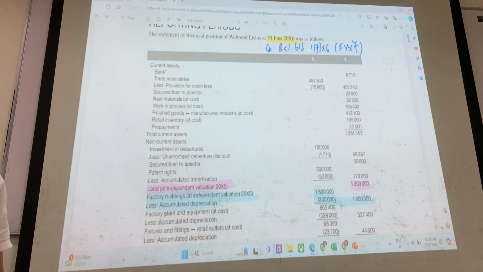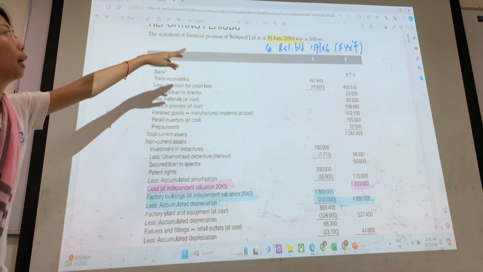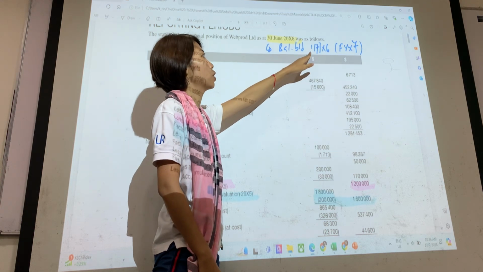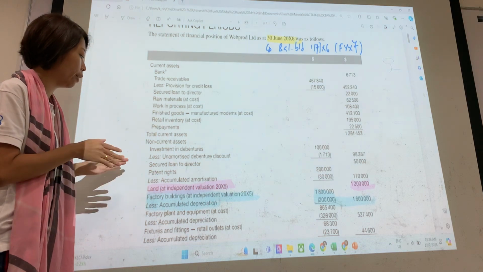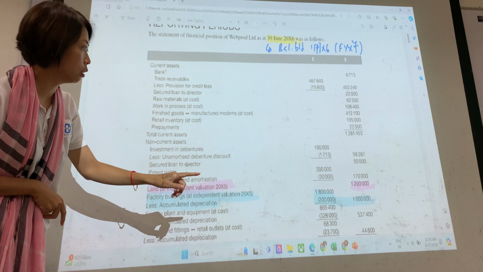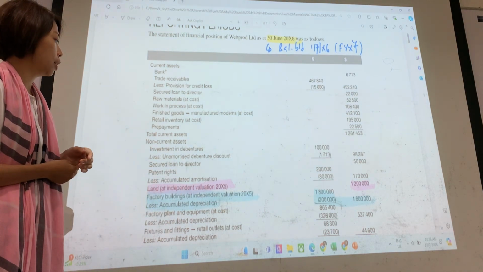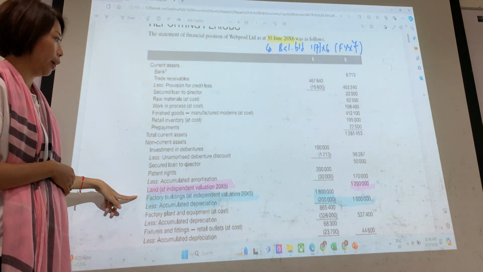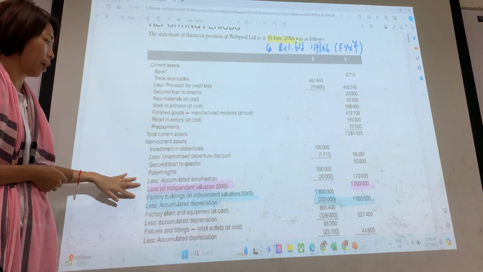So basically, if you can see the brought down, 30th of June X6 is the balance brought down because we are looking at financial year X7, which will start from 1st of July X6 to 30th of June X7. So you only zoom in land and building. So you see, land is 1.2 million. Why no depreciation? Because maybe this is a freehold land, and then maybe we are using revaluation model or whatever. So the factory building is 1.6 million. Okay, net book value, carrying amount.